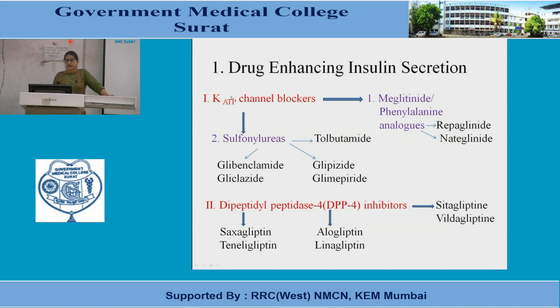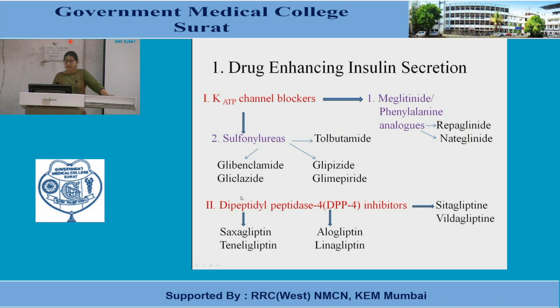Another group of drugs under the potassium ATP channel blockers is the sulfonylureas. Sulfonylureas include tolbutamide, glipizide, glimepiride, glibenclamide and gliclazide. So potassium channel blockers would be meglitinides, phenylalanine analogs or sulfonylureas.